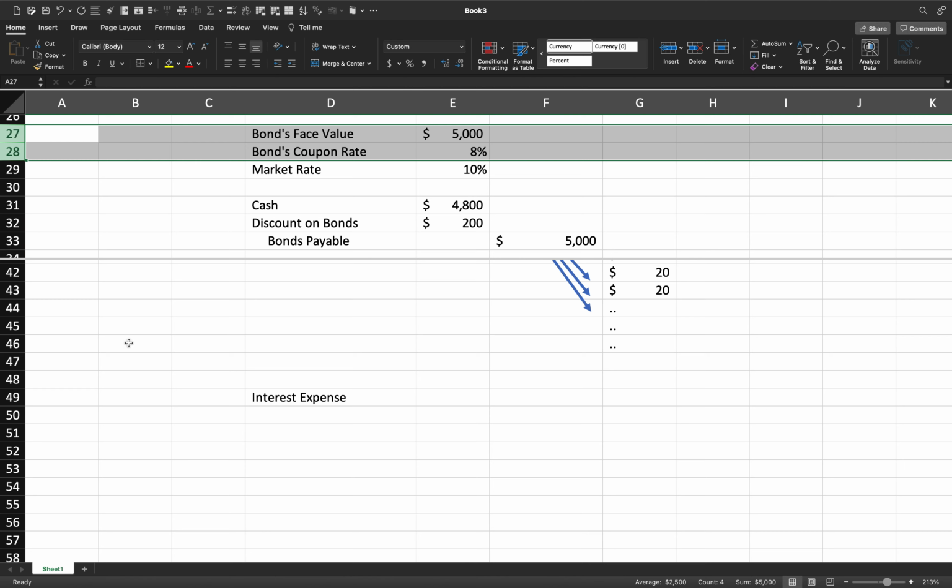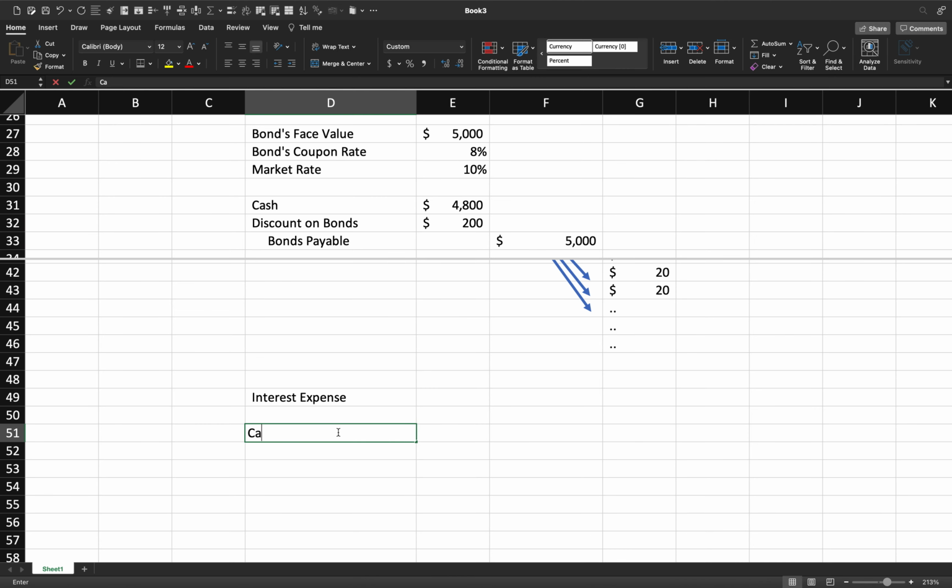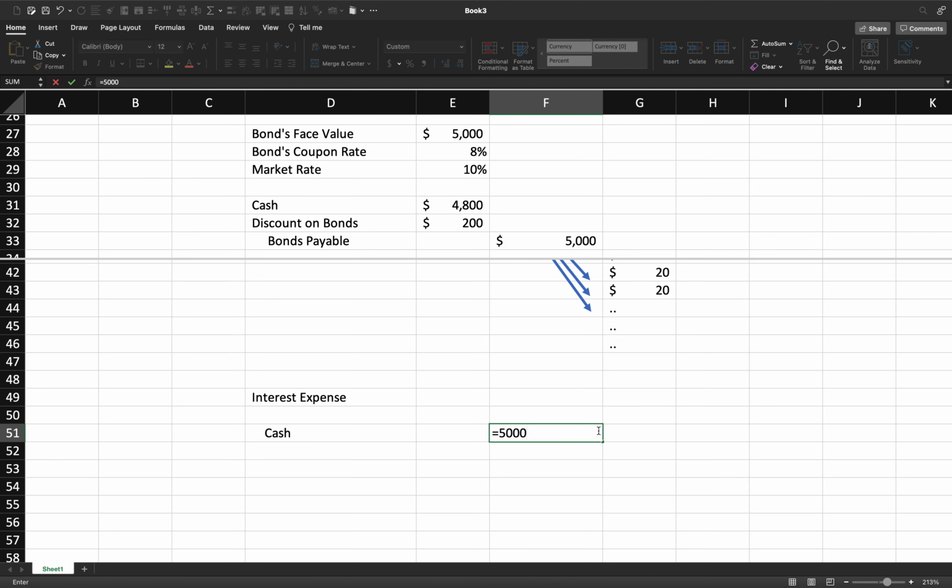So typically when we pay our creditors, we would credit cash. And this would typically just be the $5,000 that we have per bond issue. And typically there's thousands of these issues, but I just want to keep things very simple. So let's just say we have one bond for $5,000 and we want to pay them 8% because that's what we promised to pay them.